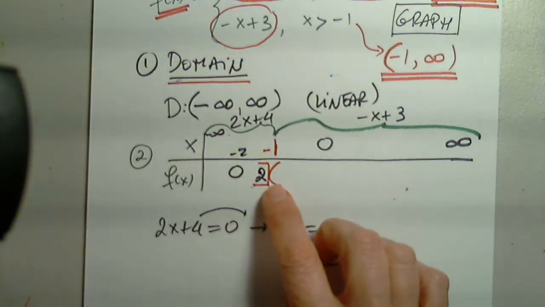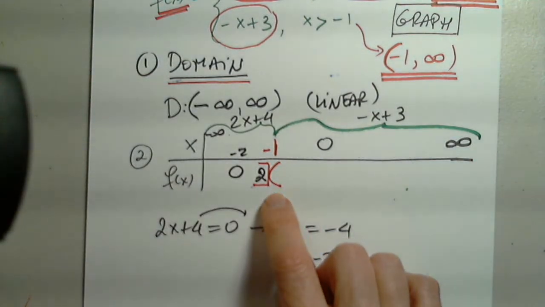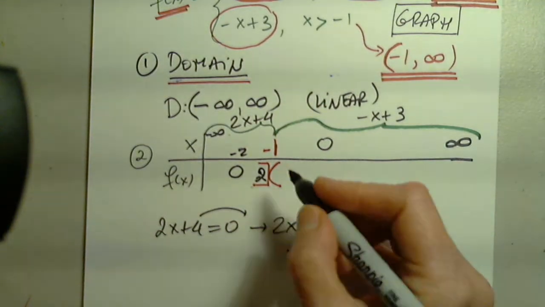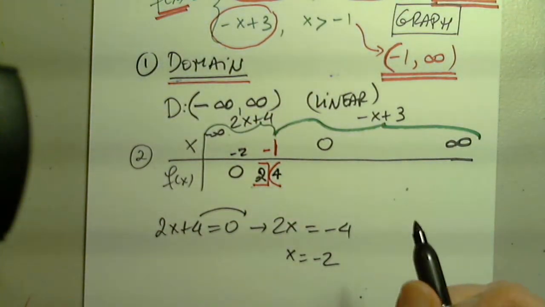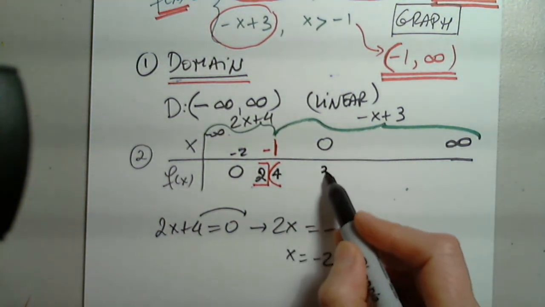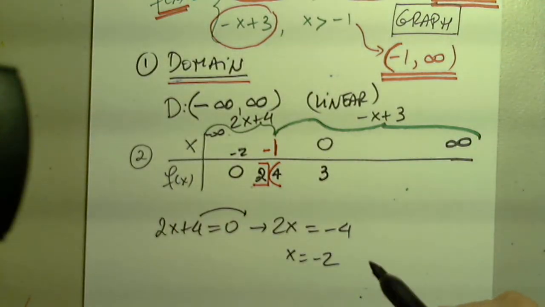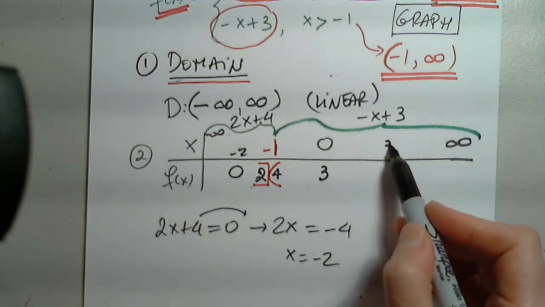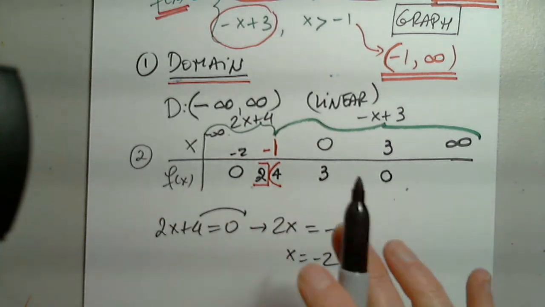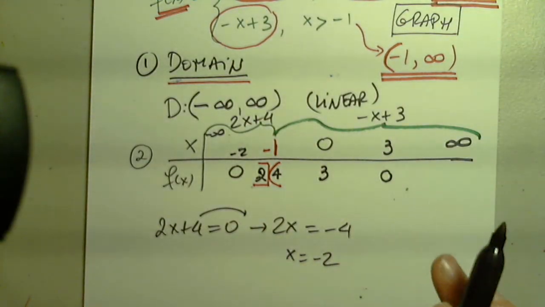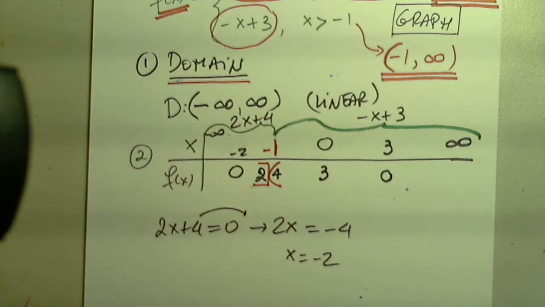Yes, in parentheses, because that's on the left, on the right I will put 4 right inside of the parenthesis. And I will plug in 0 and get 3. And I will also plug in 3 because I get 0. I always look for the x and y intercepts. Always. Any questions so far?